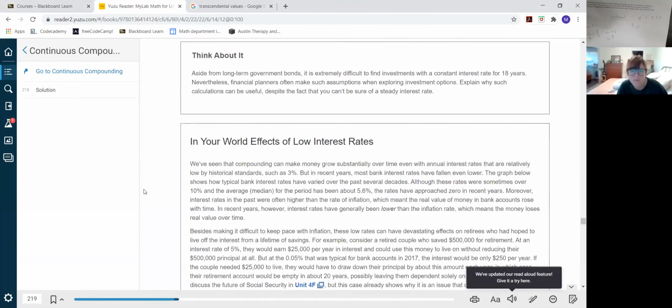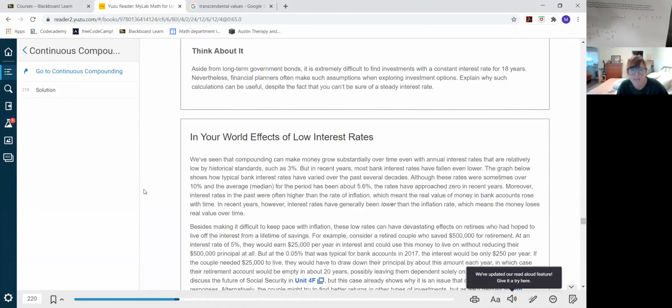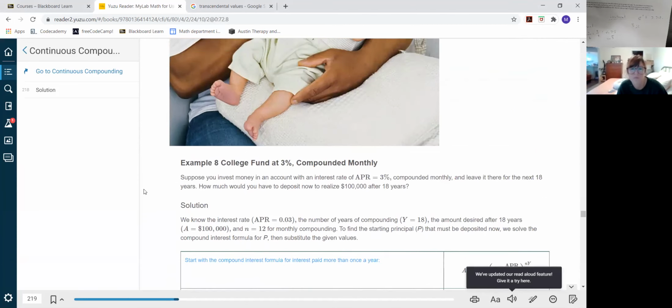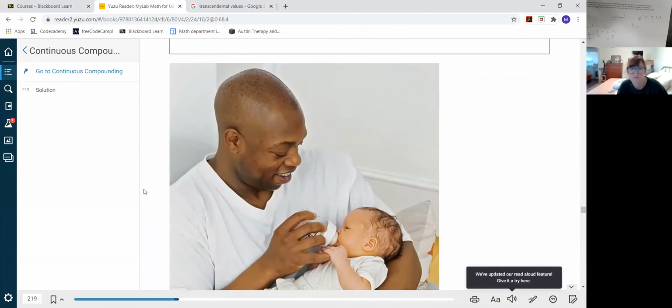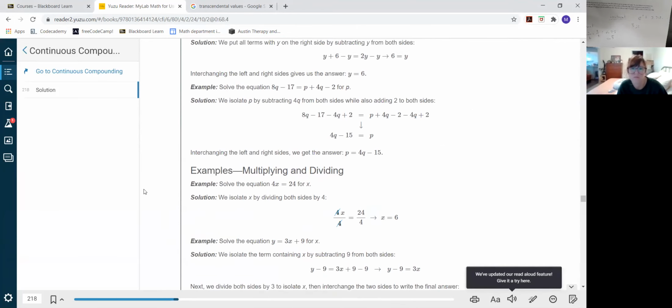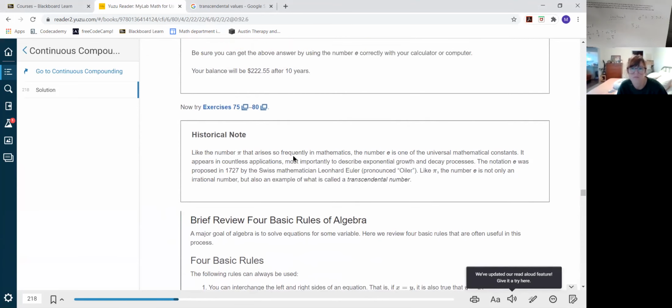It's by the continuous compounding. Right there, historical note.